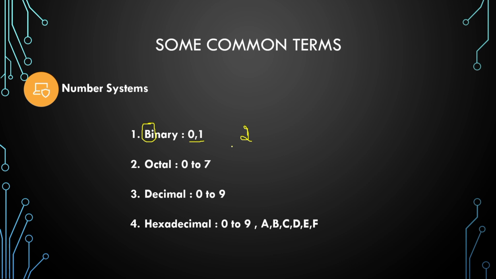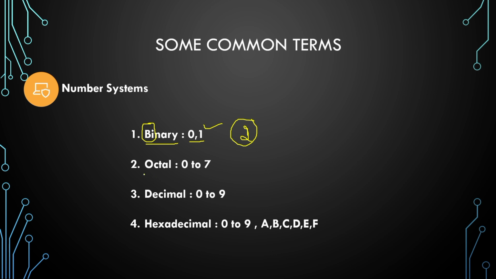Base or radix is nothing but the total number of symbols or digits we are using in a number system. For a binary number system, the base or radix is 2 and we use 2 symbols, that is 0 and 1.